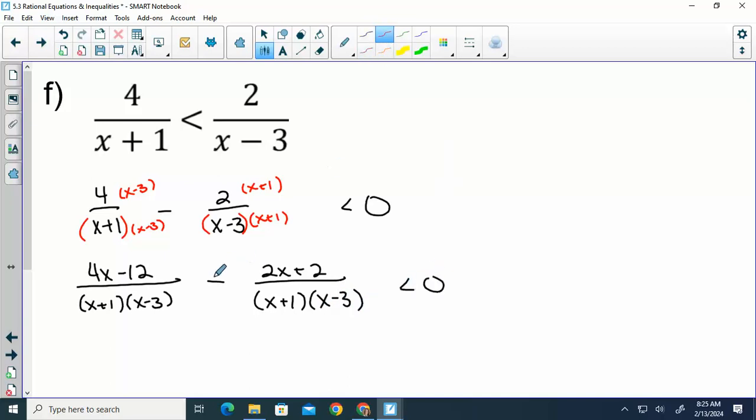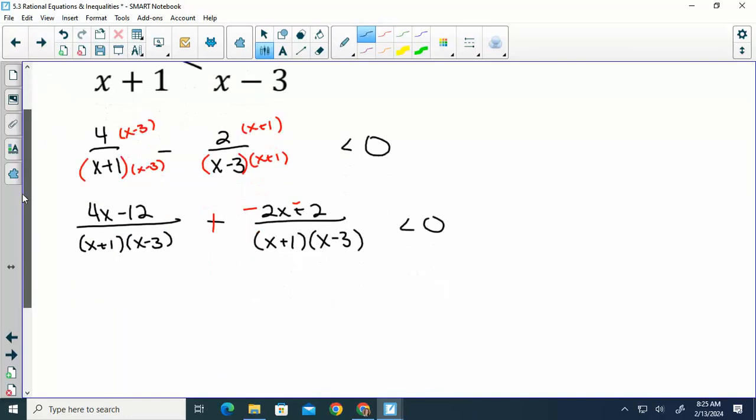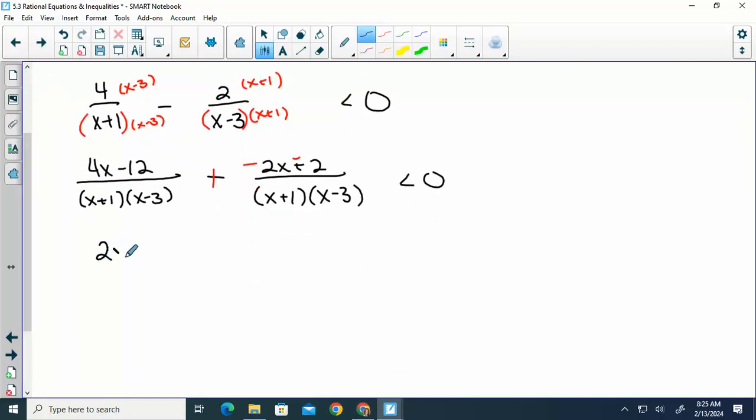So if we subtract it off, that gives me a 2x minus 14 over x plus 1, x minus 3. If I have two things on the bottom, what does that mean about the graph? Two vertical asymptotes. So we can change signs more often.